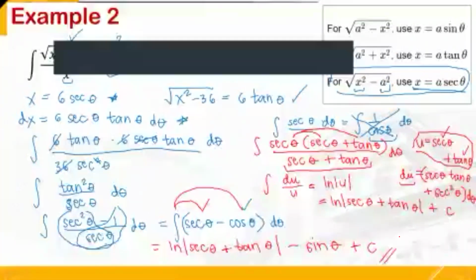Ay, hindi pa pala, no? Kasi we have to go back to the original variable x. So, that will be ln. Secant theta, take note, is x over 6. Eh, over 6 naman to pareho. Tapos yung tangent theta natin coming from this, isolating this part, it's the radical over 6. So, square root of x squared minus 36.